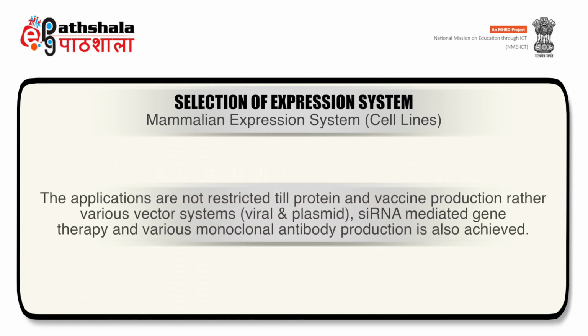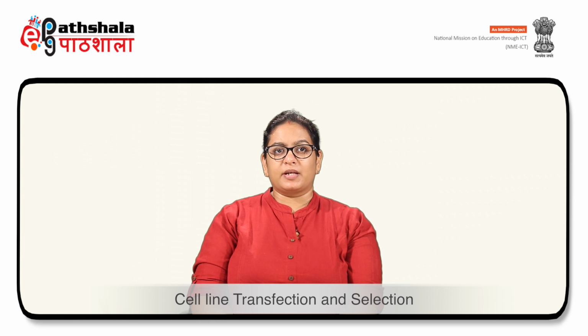The applications are not restricted to protein and vaccine production; rather, various vector systems like viruses and plasmids, small interfering RNA mediated gene therapy and various monoclonal antibody productions can also be achieved. Critical factors involved in this process include cell line transfection and selection.